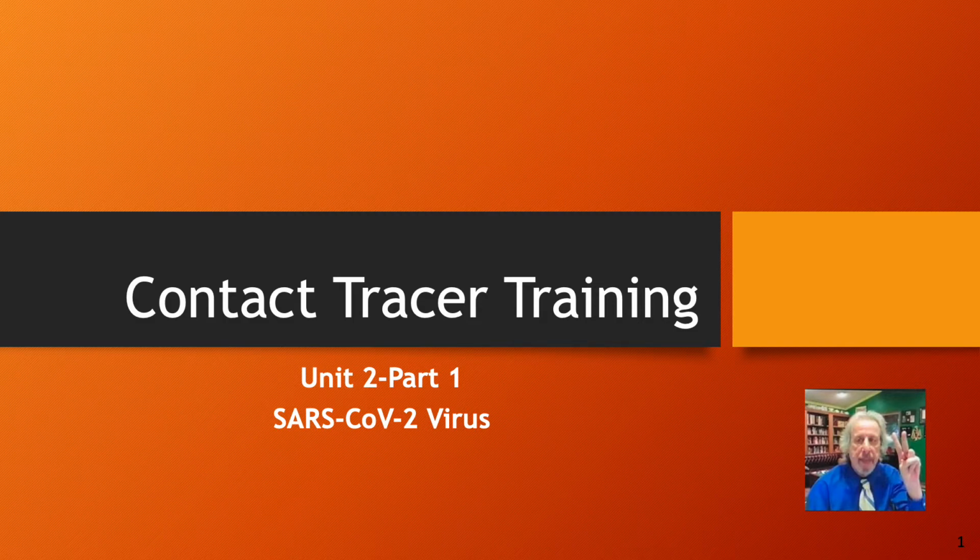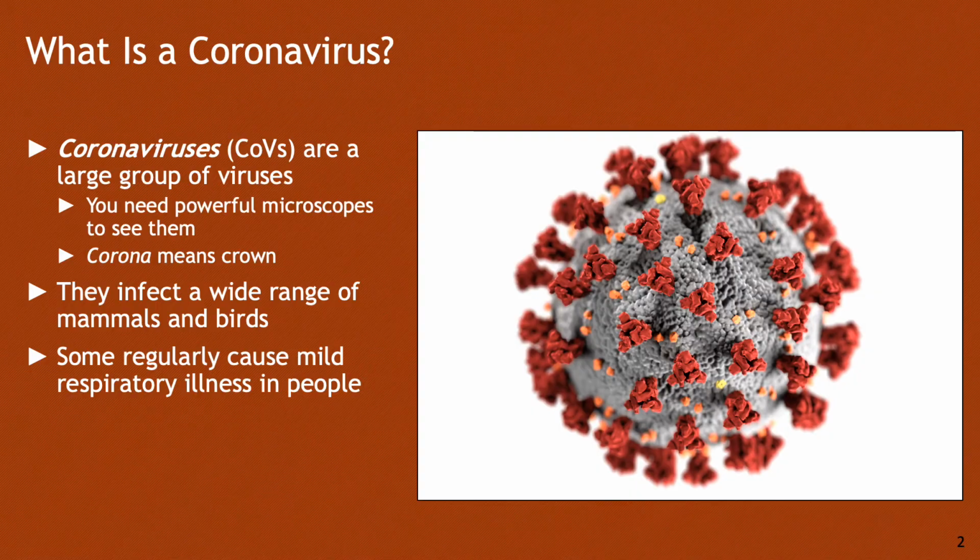We're now in Unit 2, Part 1. Let's take a look at the SARS-CoV-2 virus in particular. This is the coronavirus that we're experiencing now, COVID-19. Coronaviruses are a large group of viruses, and as you can see in the diagram, this is multiplied many times because you can't see it without the benefit of a microscope.